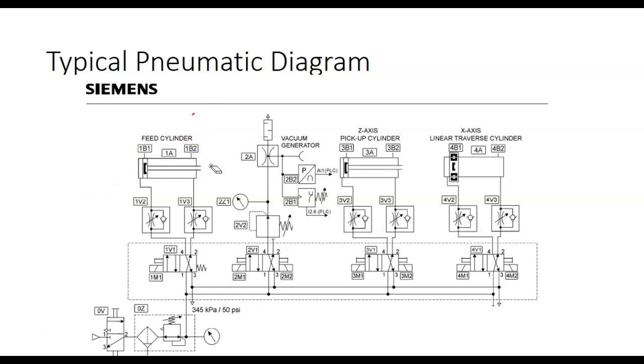So this M, what is the M? Solenoid. Yeah.